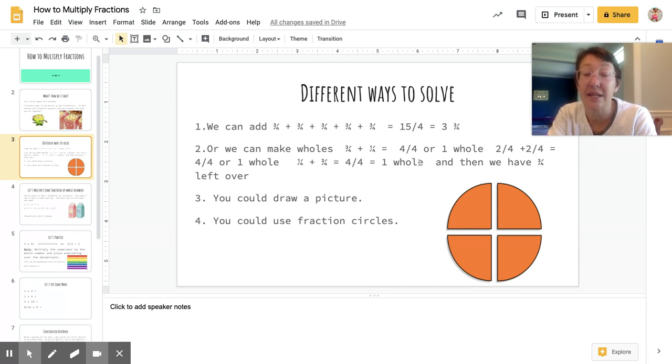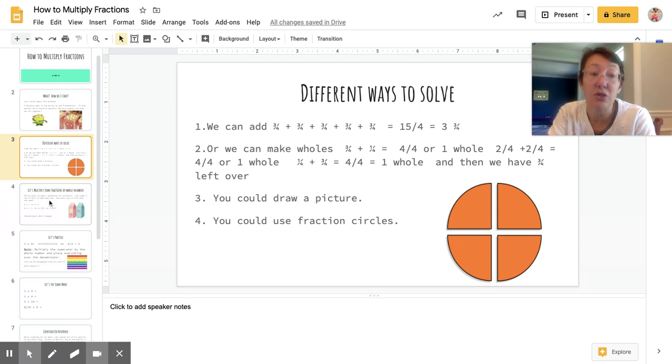Just like this next problem says, I can do 3/4 and 1/4, take 1/4 from here and get 4/4. And then you'll have 2/4 and another 2/4. You have another whole, and then you can take another whole out, and then you have 3/4 left over. You can draw a picture. You can use fraction circles to solve it if you have them. But so that is different ways that we can solve this problem.